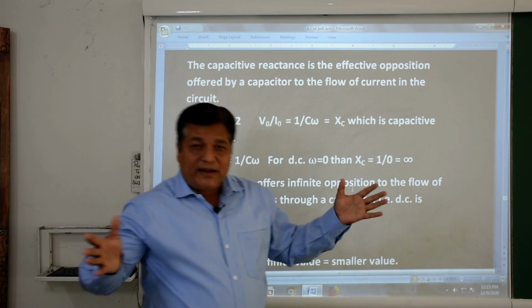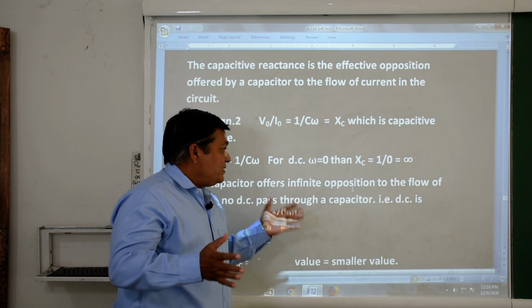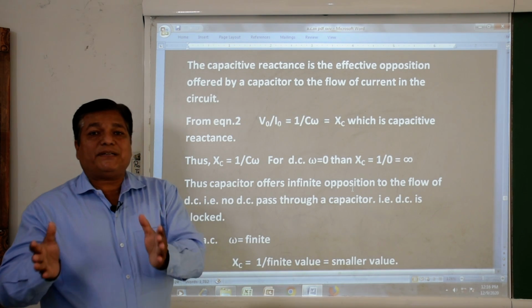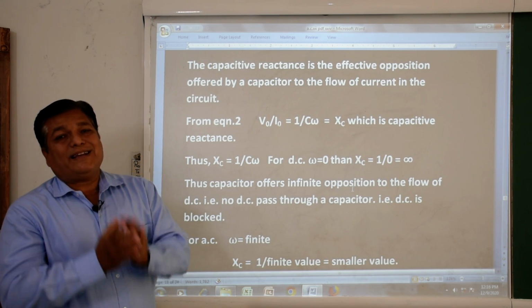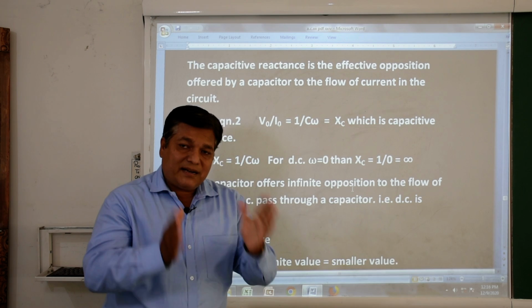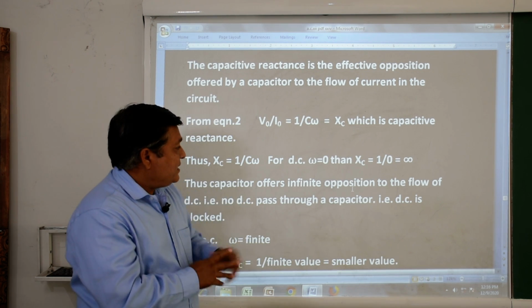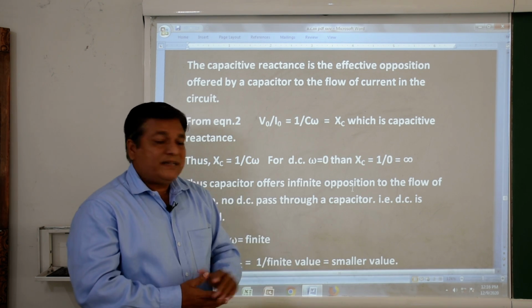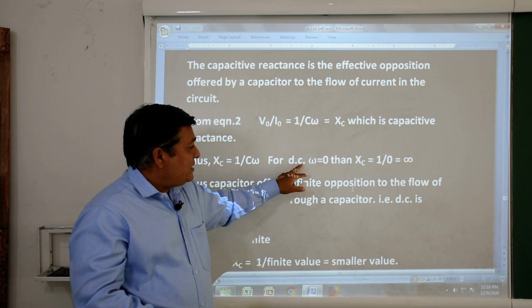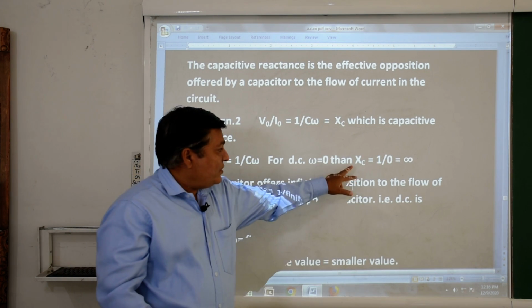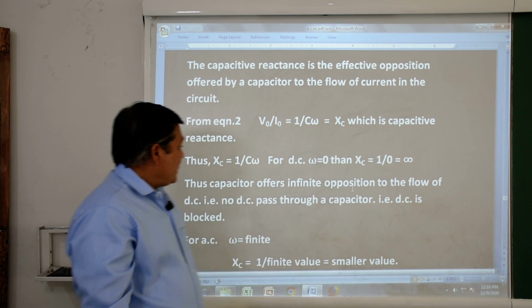When there is infinite opposition, DC current is blocked by the capacitor. It means that when a capacitor is attached to the source, it will block direct current.